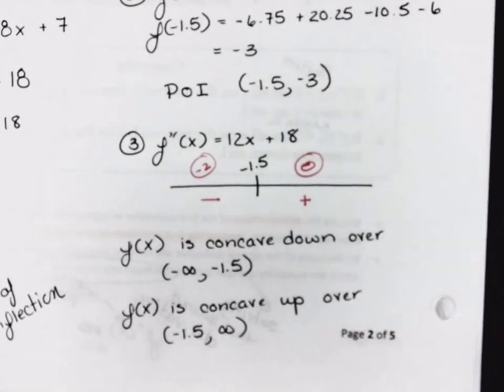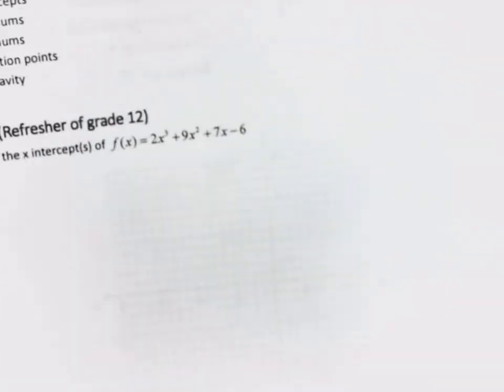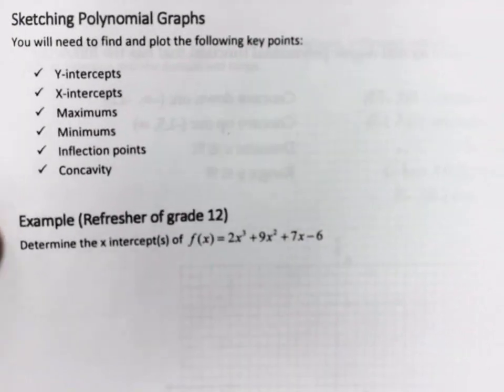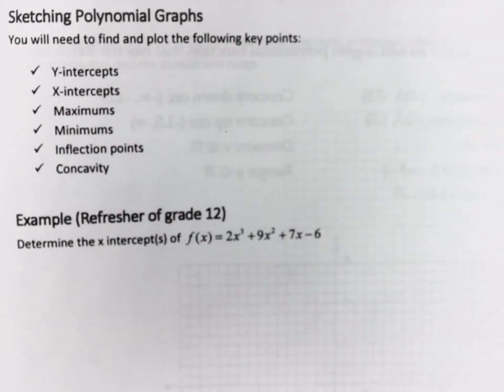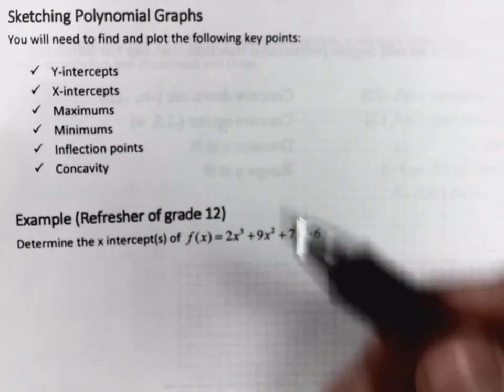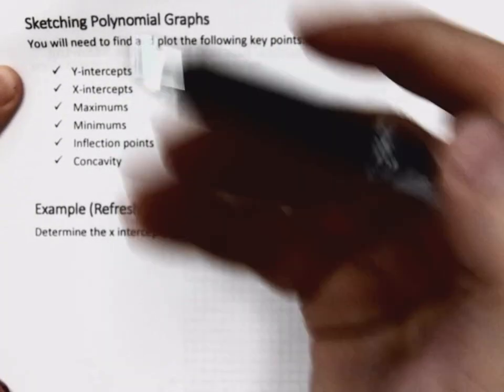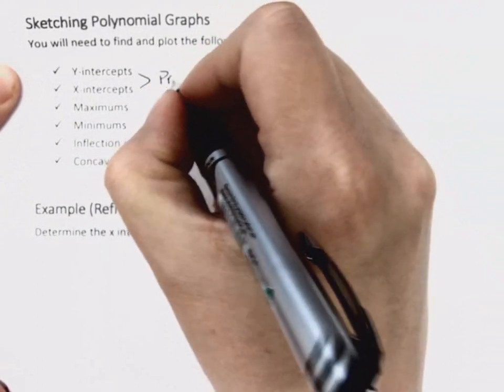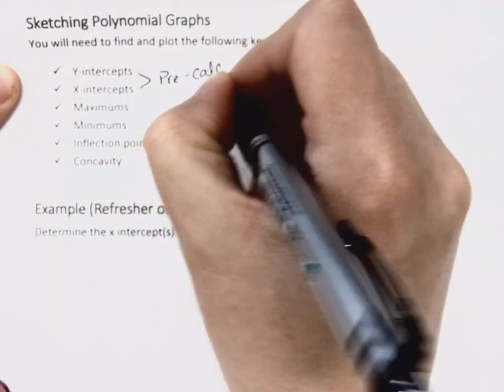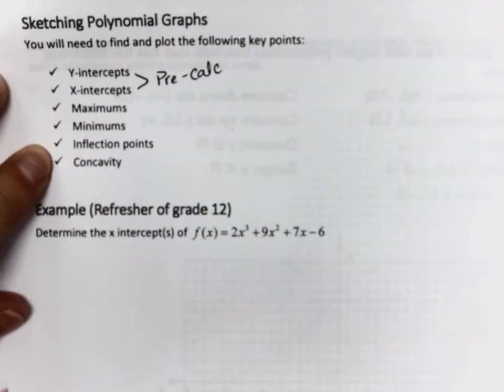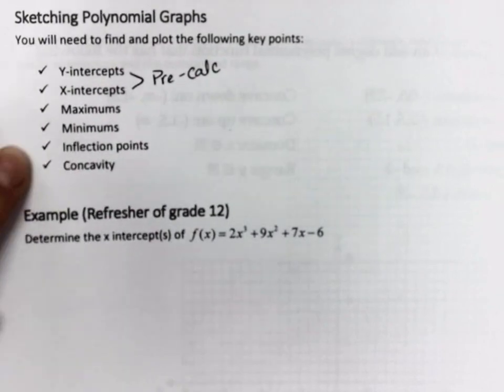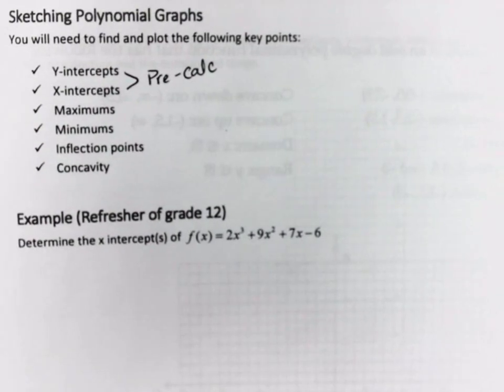Okay, so here's the tough stuff. Well, not really the tough stuff, it's just a lot. When you're sketching a polynomial graph, we sketch the y-intercepts and the x-intercepts. That's grade 12, that's pre-cal. And all this other stuff is what we've done in calculus.